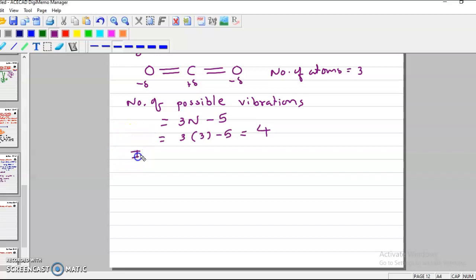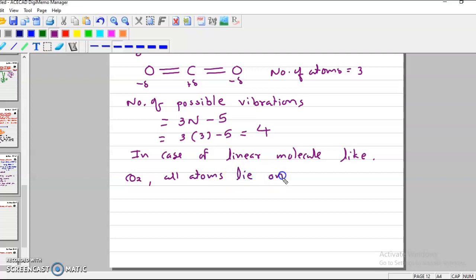So in case of a linear molecule like carbon dioxide, all atoms lie on a single straight line.